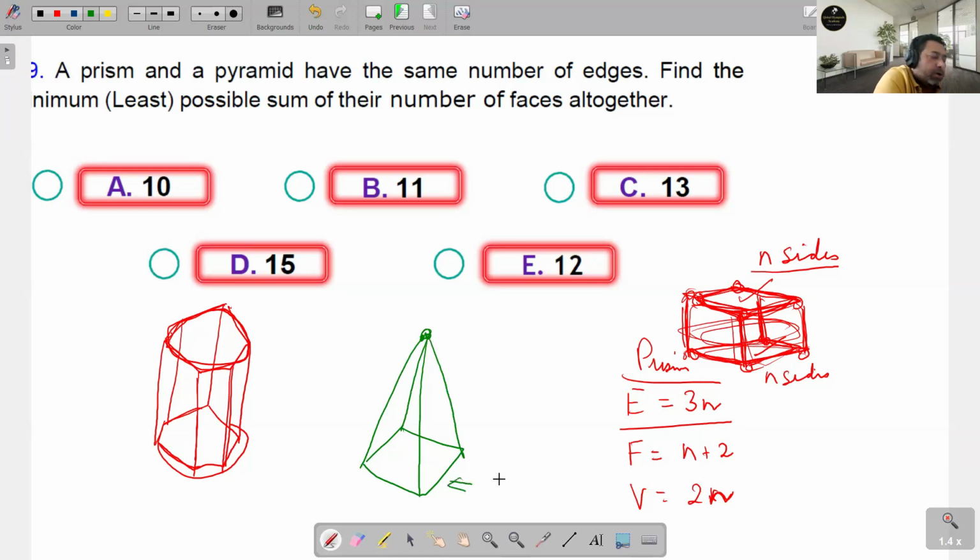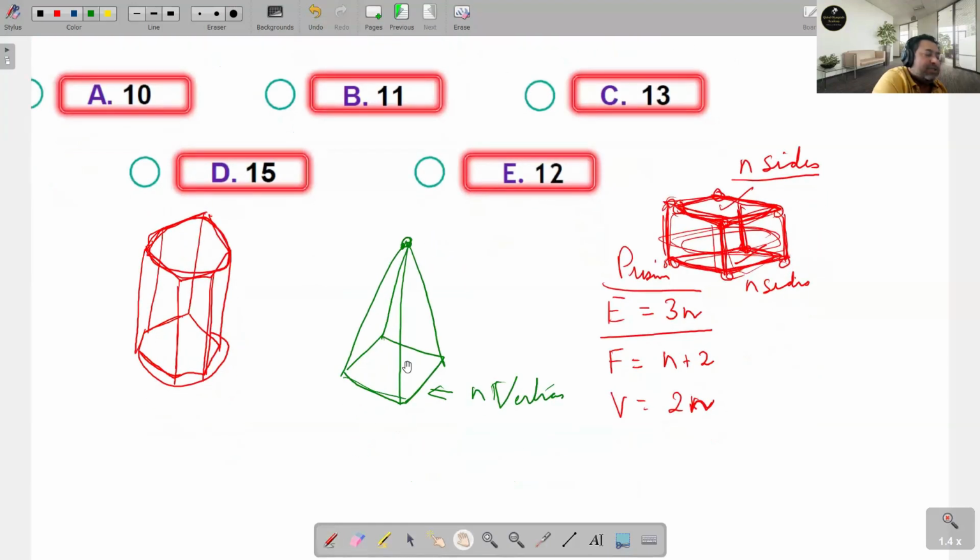So if the bottom polygon has n sides, or n vertices, because the polygon has the same number of vertices as sides, the total number of edges is n edges in the bottom polygon, and n edges meeting the top vertex, because each vertex is joined to the same top vertex. So the edges are 2 times n.